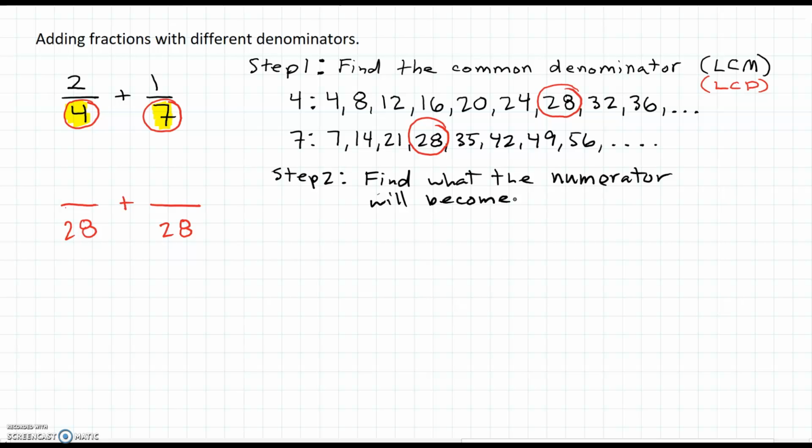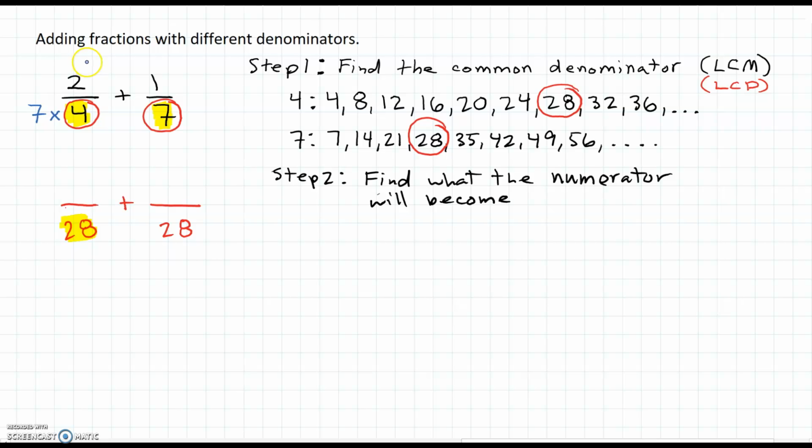So what I mean by that, we made 4 became 28. So what we need to think is, what would we multiply 4 by to get 28? Well, 4 times 7 would result in 28.